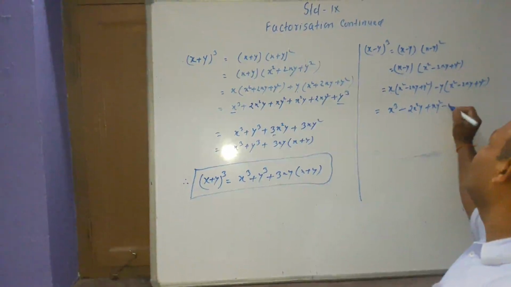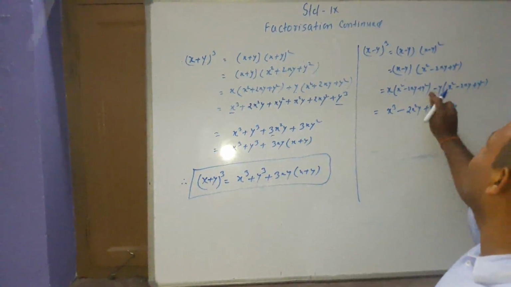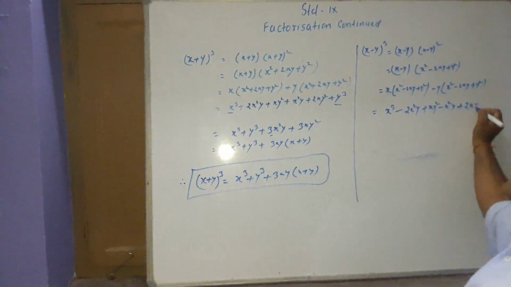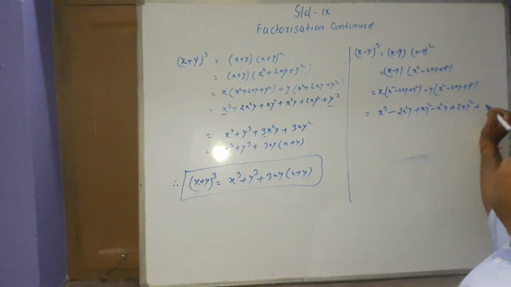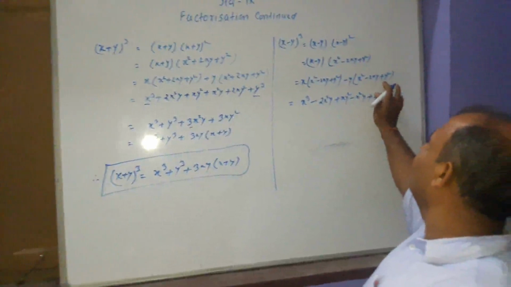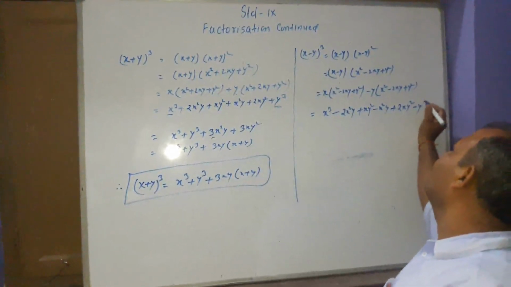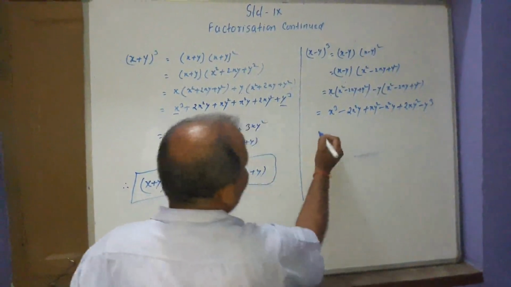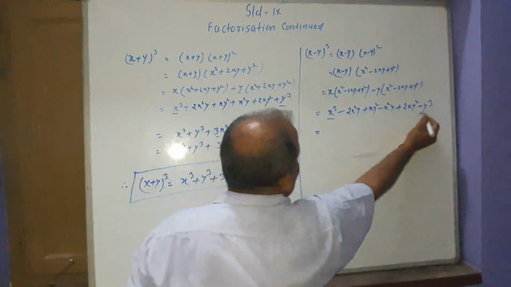This will give minus x square y plus 2xy square minus y cube. In this way we have x cube minus y cube.